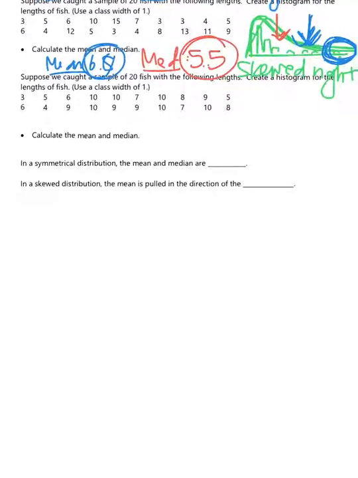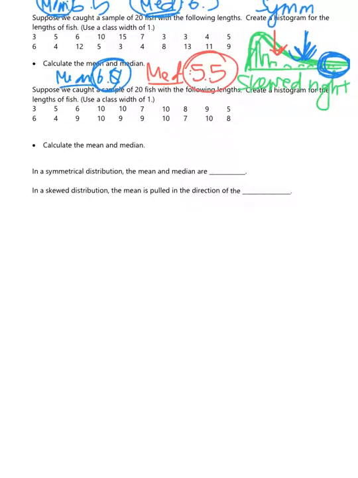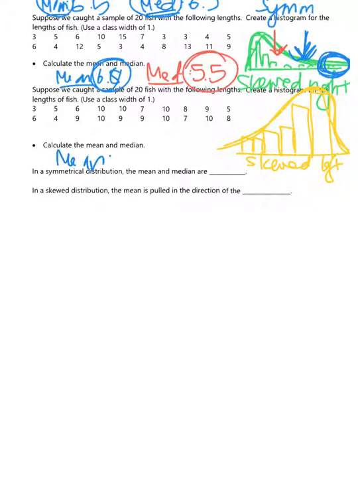And let's see if we can get that with this last one here. Suppose we caught another sample, 20 fish, and in this case, this one was actually skewed to the left. So this one ended up looking more like that. Skewed left. And if we were to calculate the mean and median, the mean for this one ended up being 7.75. The median was 8.5.